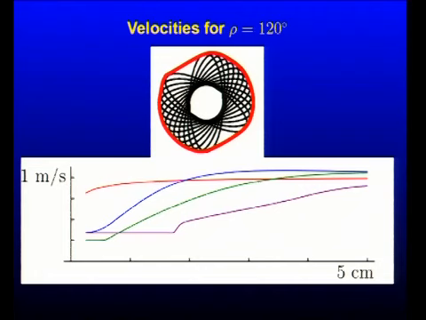For 120 degrees of rotation, we still have pretty fast propagation in most of the directions. In some directions it is a little bit slower, but it is still pretty fast.